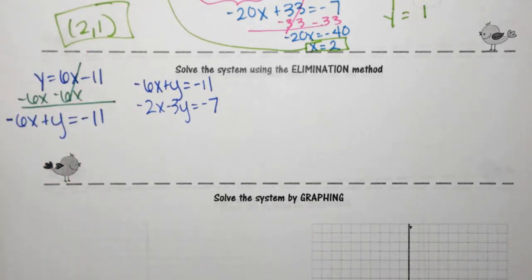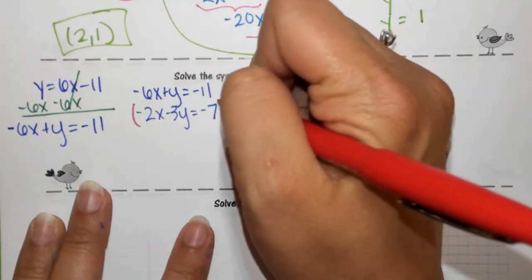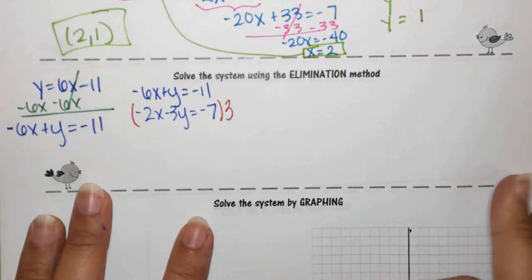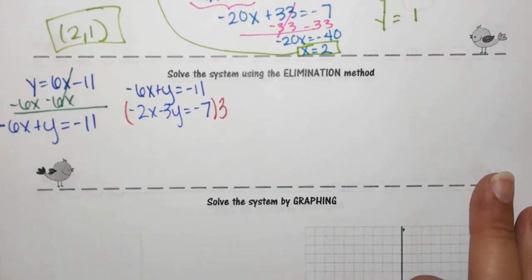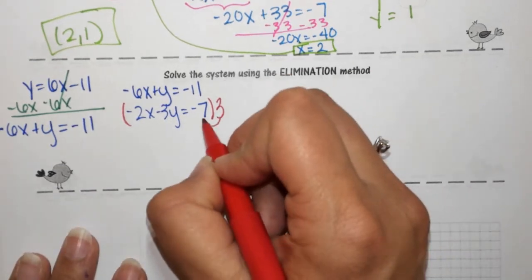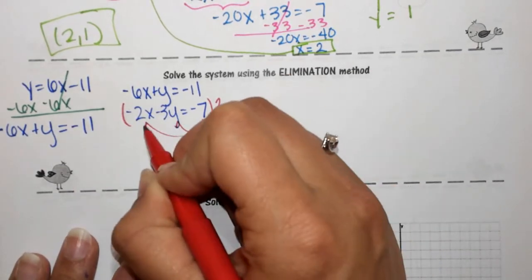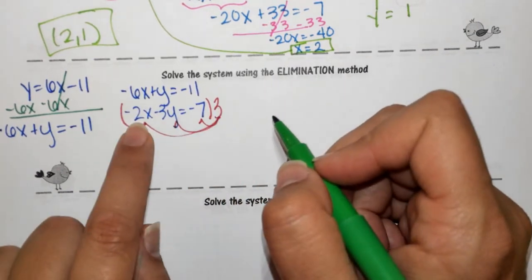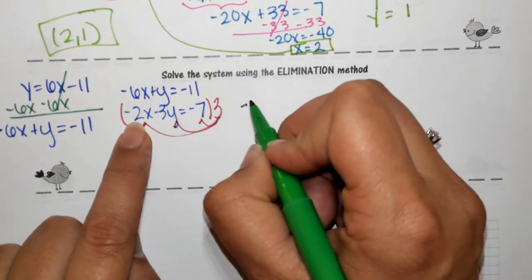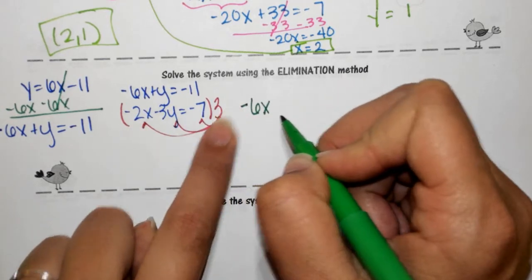Now, what are we going to multiply 2 by to get 6? 3. Are we going to multiply all of the things by 3 or just one of the things? All the things. Alright, 3 times negative 2x is negative 6x.